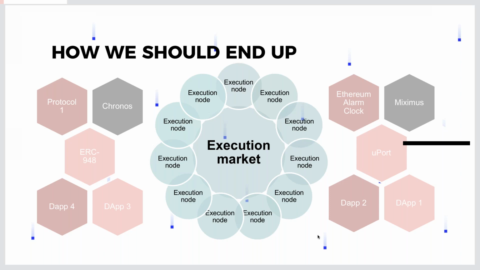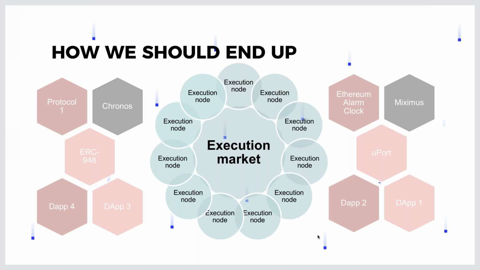So in general, on the left and the right side, you see the various protocols, DApps and other applications that are going to use the execution markets. And in the middle, we have one execution market, which is just built from the execution nodes.